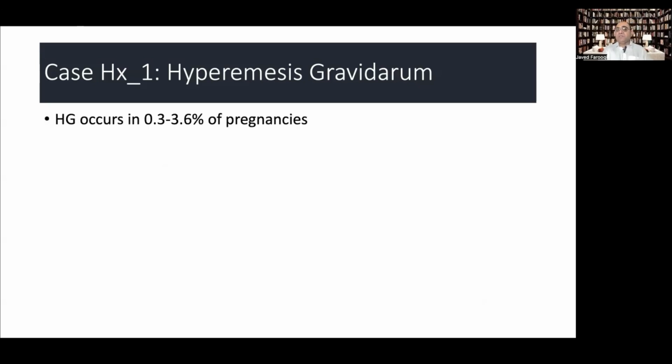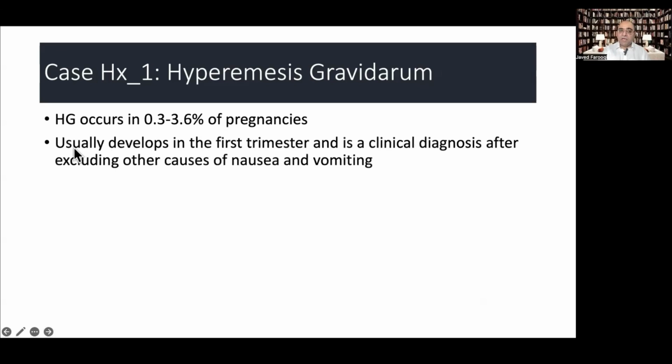We know that Hyperemesis gravidarum occurs in 0.3 to 3.6% of pregnancies. It usually develops in the first trimester, as in our case, and is a clinical diagnosis after excluding other causes of nausea and vomiting.